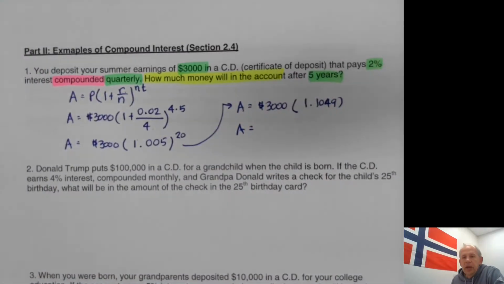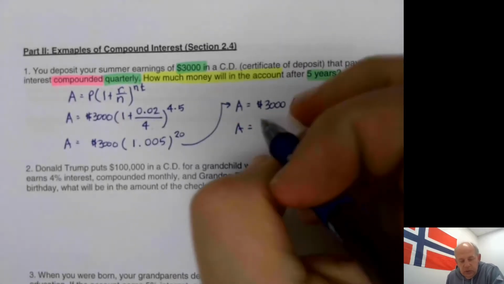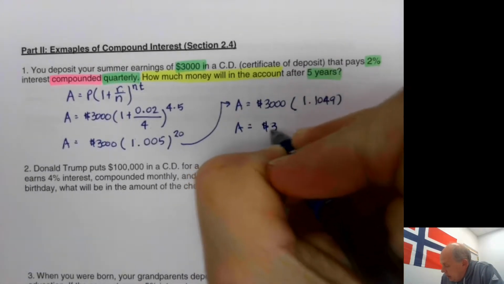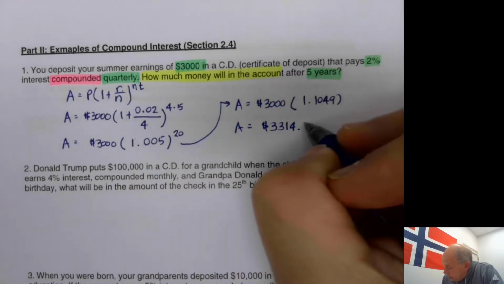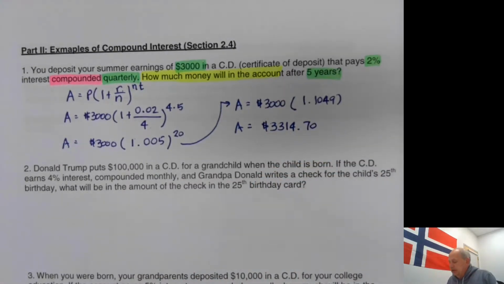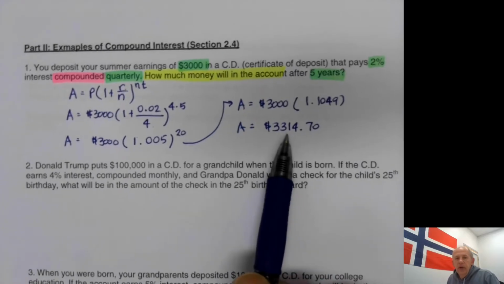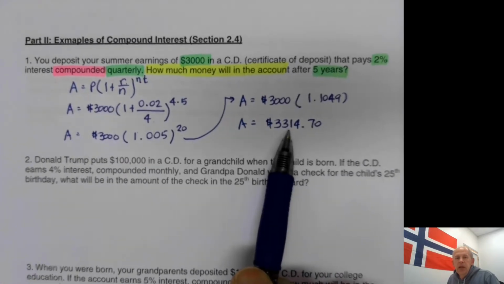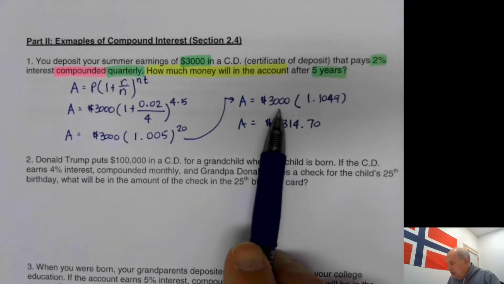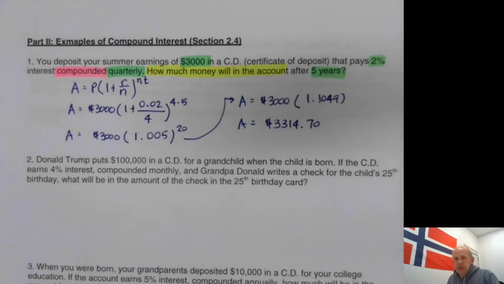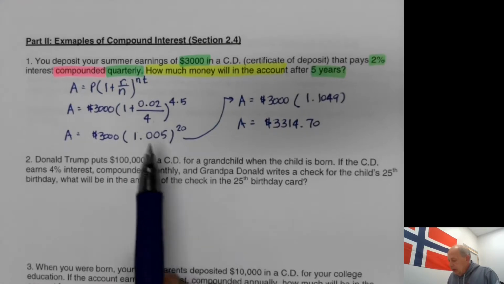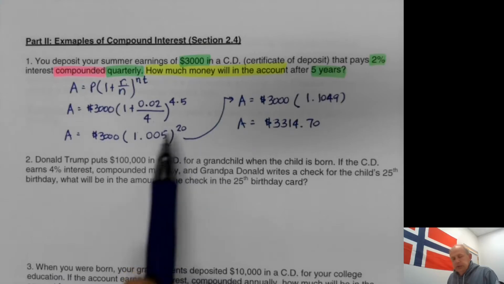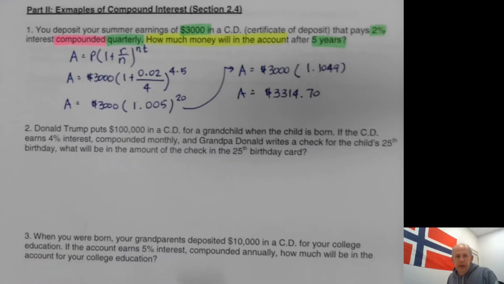The future amount that I have in my account when I multiply those two values together is $3,314.70. I earned a free $314.70 starting with $3,000 using those different variables that the bank gave me for my account. Key is plugging in the right numbers and using your exponent key.